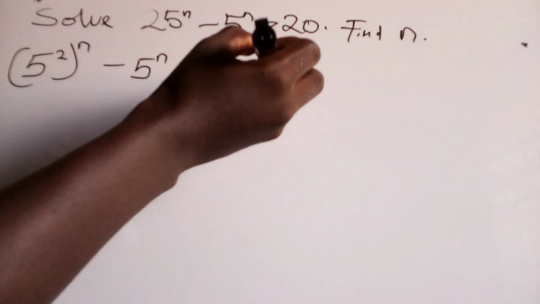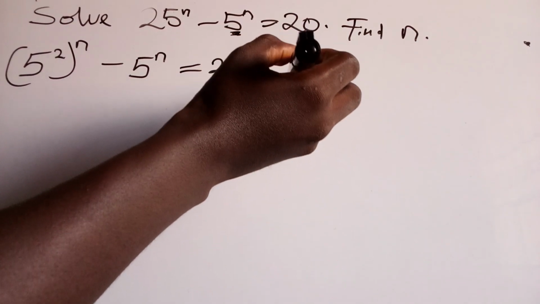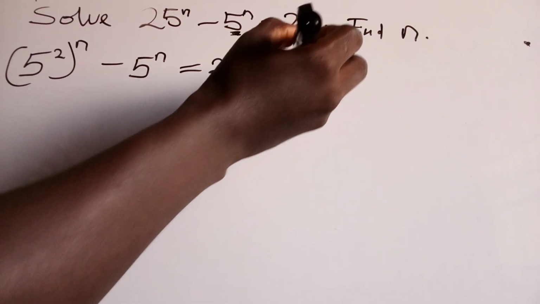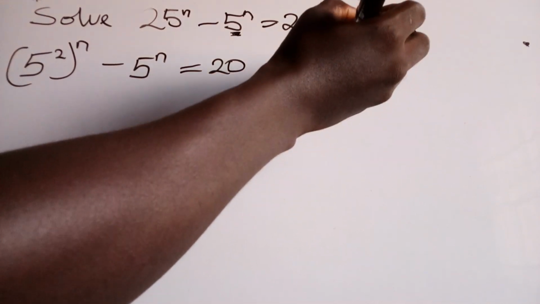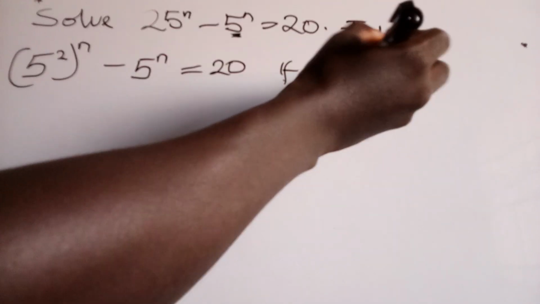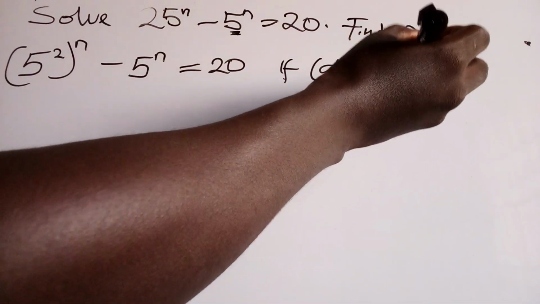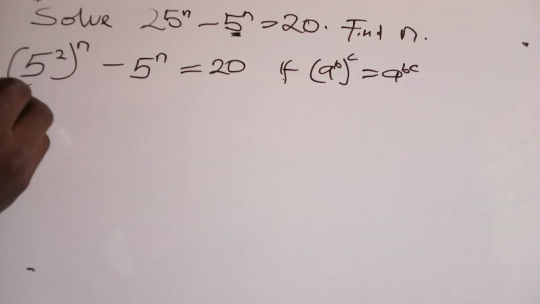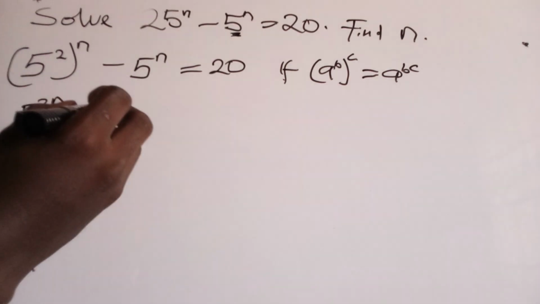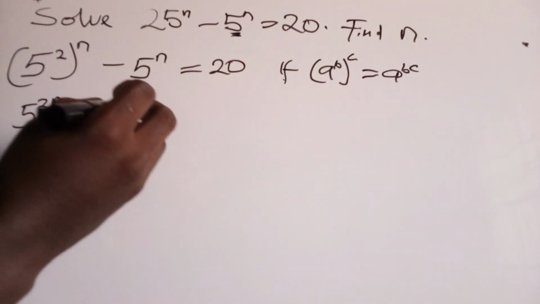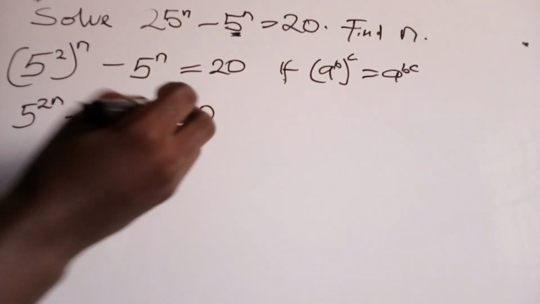So the law that says if a raised to power b raised to power c is also equal to a raised to power bc, therefore we have 5 raised to power 2n minus 5 raised to power n equals 20.